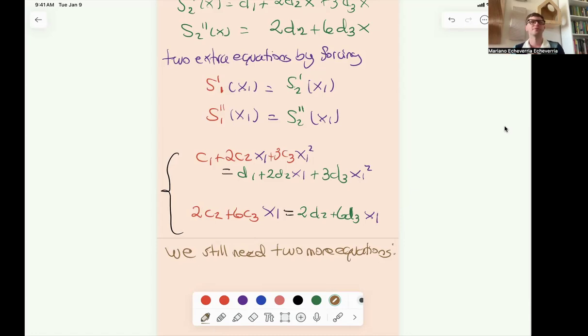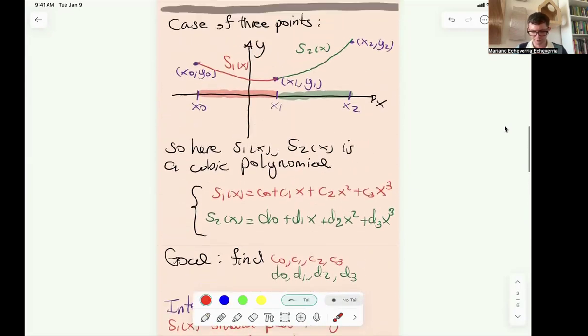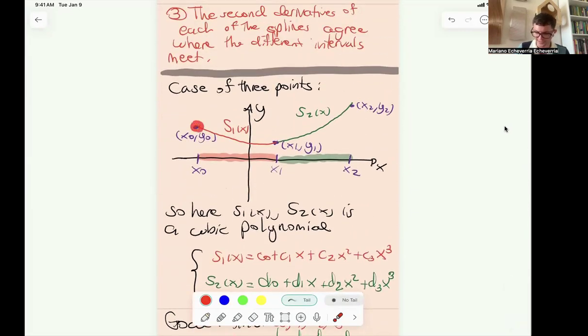Again, the book discusses a couple of different alternatives. I'll just do the simplest one, which is to use natural splines. So to find the remaining two equations we will use natural splines. What does a natural spline mean? Being a natural spline just means that you will ask for the second derivatives to vanish at the first and last points, at the edges of all the intervals.